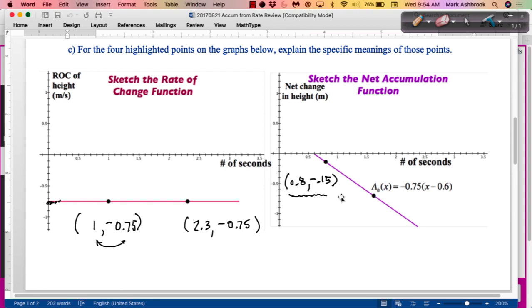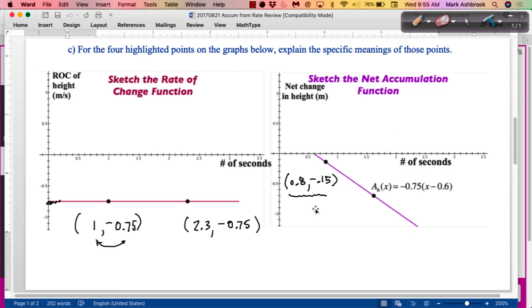We said starting at 0.6 seconds. Yeah, so this change of height is over what change of time? The 0.2 second interval of time starting at 0.6 seconds. See that? So something like this. It doesn't have to be my words exactly, but the meaning of this point is that at 0.8 seconds, since the flag started being lowered, the flag has descended 0.15 meters since the 0.6 second mark.